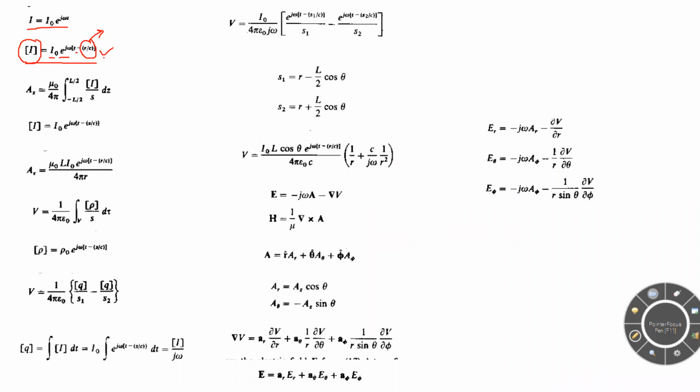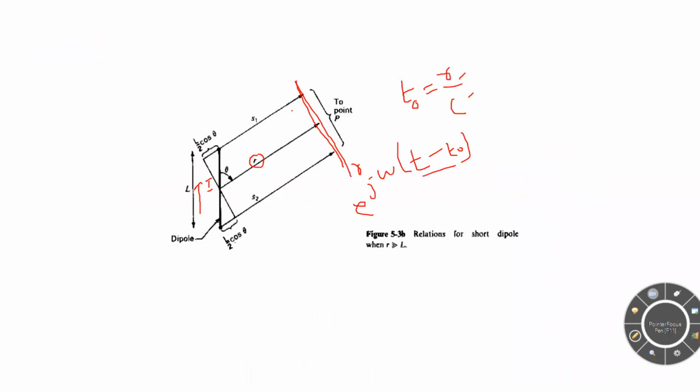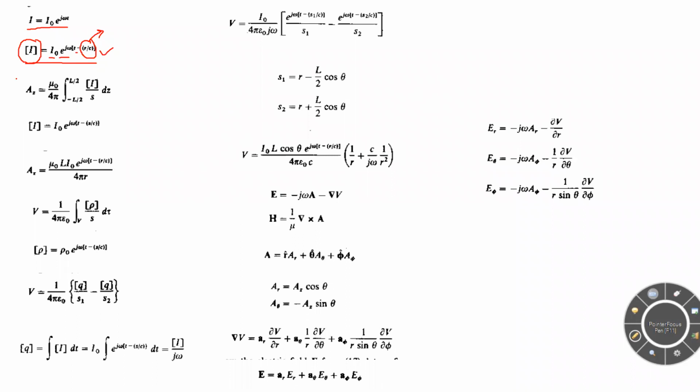Now, this retarded current has to be utilized henceforth in order to make the analysis of the field. So, the first component which we have is the retarded vector potential. This is a retarded potential, but it is a vector quantity, which has a direction.